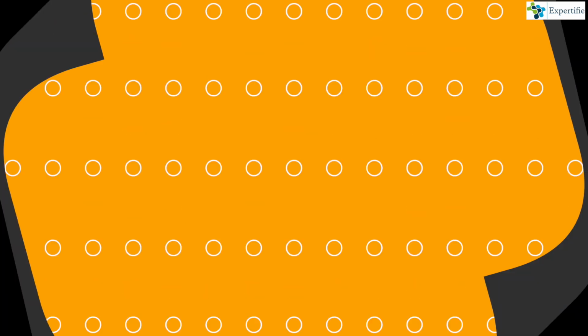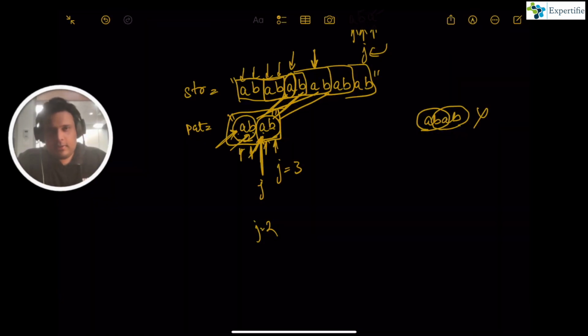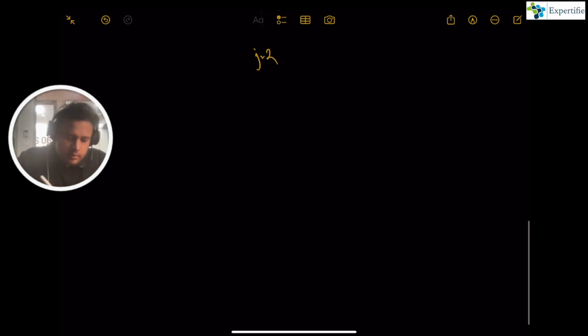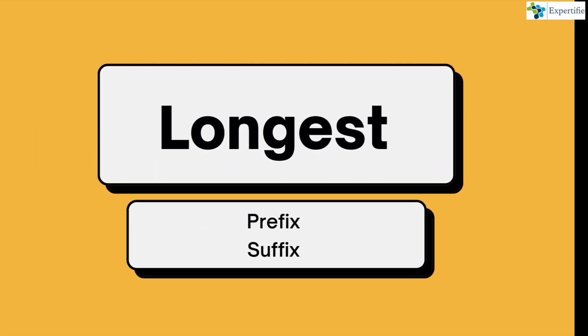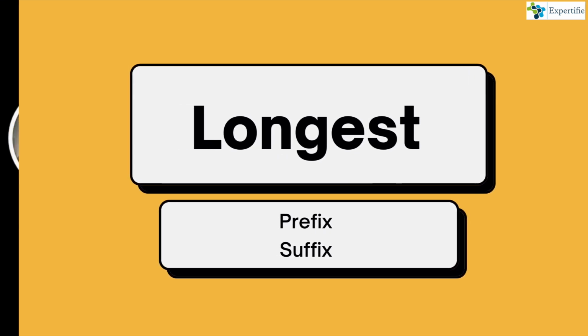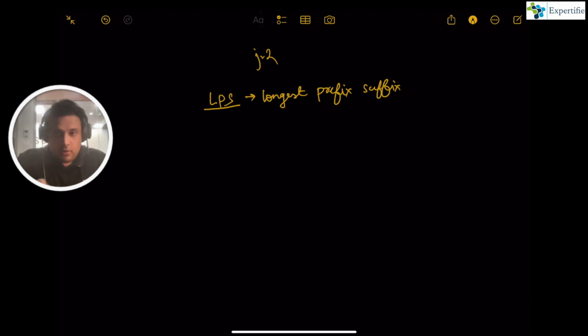Okay. Now KMP is a little bit more nuanced. Checking what prefix is same as the suffix is basically called LPS, longest prefix suffix. And how is it calculated? Let's say you are given a pattern ABAB.